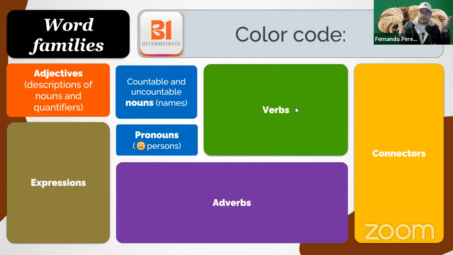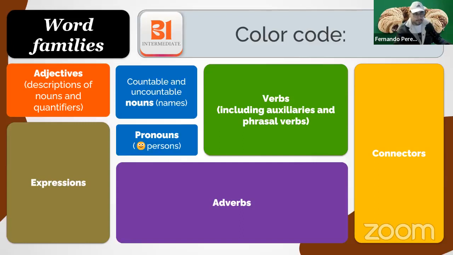On the green section, we have verbs. And in the verbs, we need to include auxiliaries and phrasal verbs. For example, stand up, sit down, pick up, etc. Connectors, all the connectors, including position connectors like under, beneath, over, between, in front of, in, on, at, etc. Connectors, you are perfect in these ones, very good, no problems.